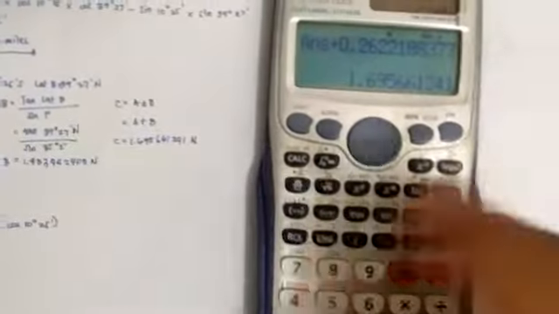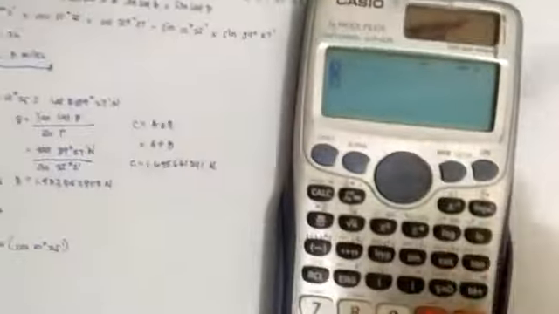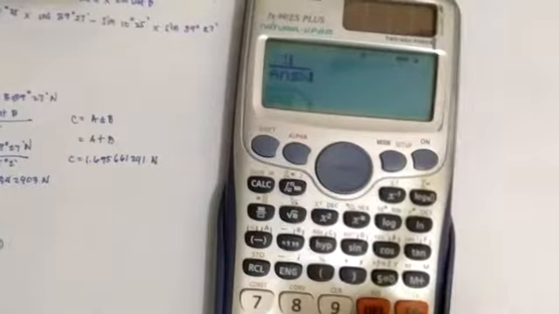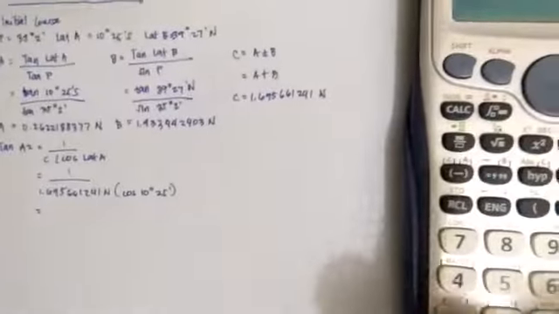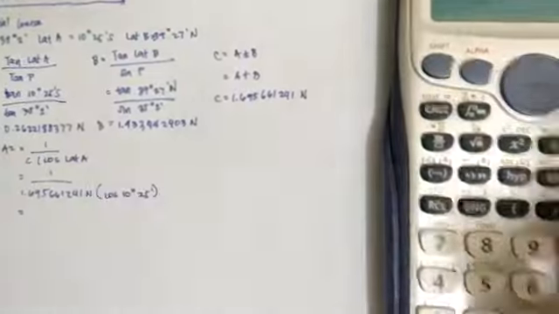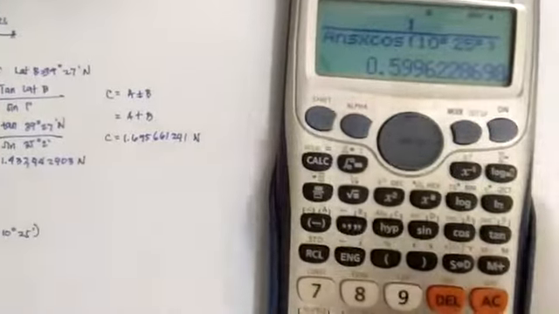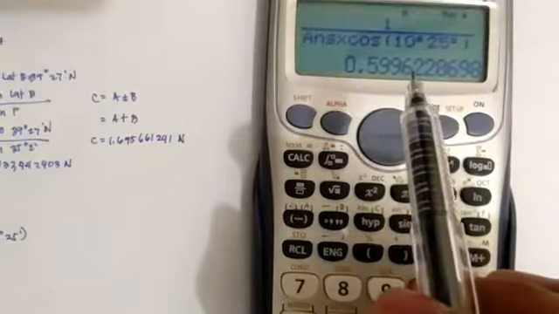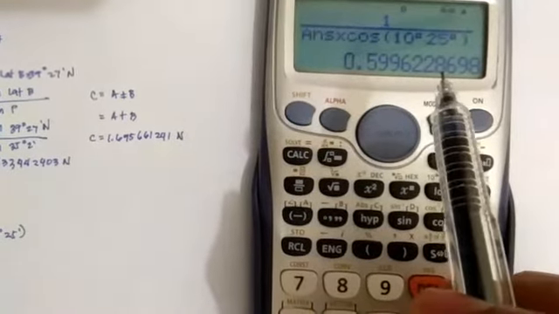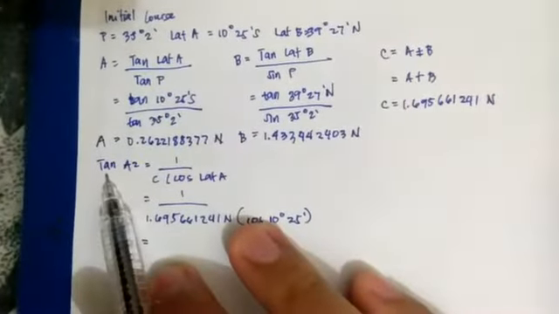Since we already inputted our C, we will directly type 1 over answer times cos our latitude A, which is 10 degrees and 25 minutes, and we will get 0.5996228,698.